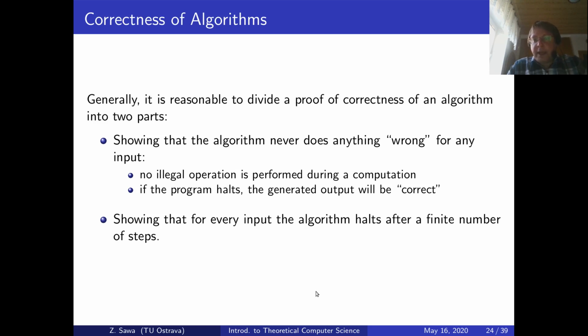In this part we will not ensure that some output will be produced, and it will not also ensure that the algorithm halts. In this first part we will ignore the question whether the algorithm halts after some finite number of steps or not, but we will ensure that if it runs, then none of these bad things will happen.